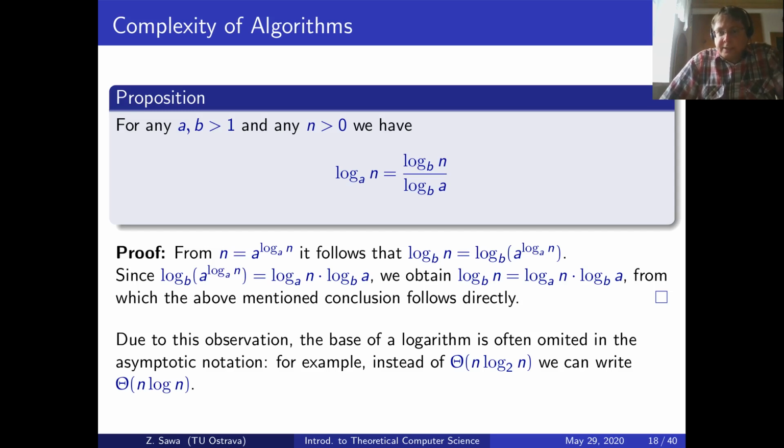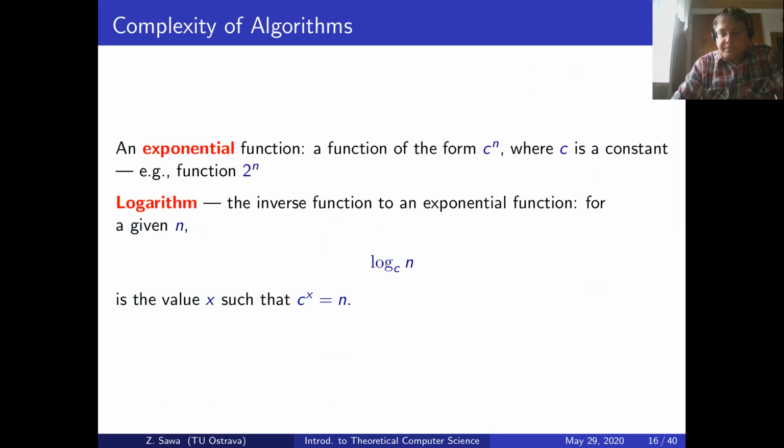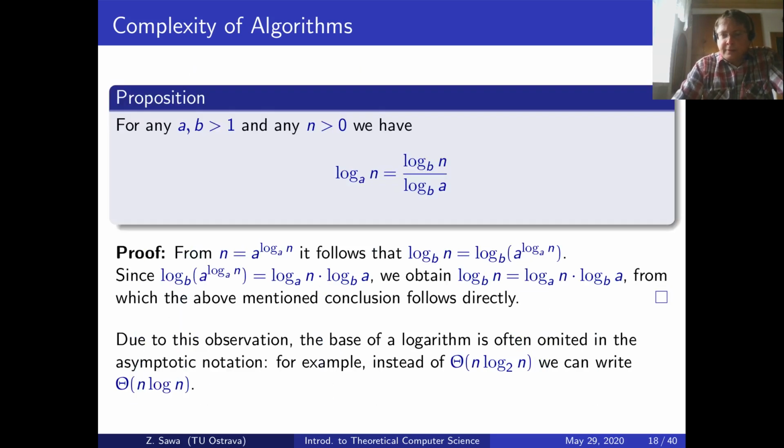Of course, in general, if we want to compute the precise value, the base of the logarithm is important. This value of c is important for the precise value. So the logarithm of n with base 2 will be different than the logarithm of n with base 10 in general, but these logarithms are quite closely connected.